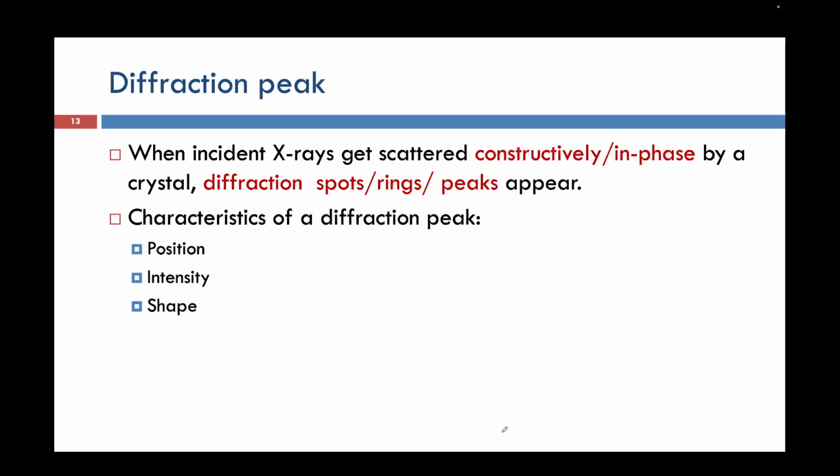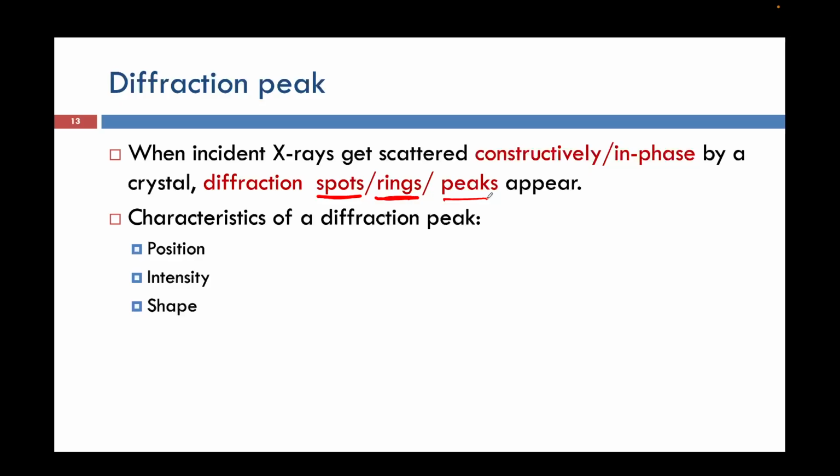But when this incident X-ray gets scattered, diffraction happens, and the diffraction appears as spots, rings, as well as peaks. The difference between those things we will see when we study diffraction from polycrystalline material and single crystal.